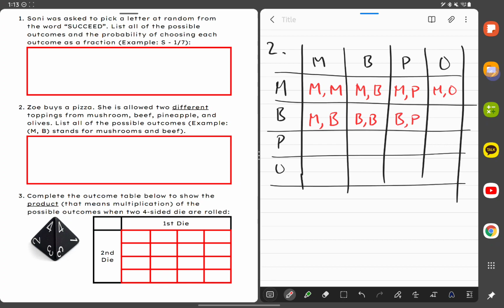Again, I'm gonna say MP rather than PM, just so this and this looks identical. Otherwise, it's just confusing. And at this moment, the order doesn't matter. In this situation, the order does not matter. In some situations, it might, but this one, no.